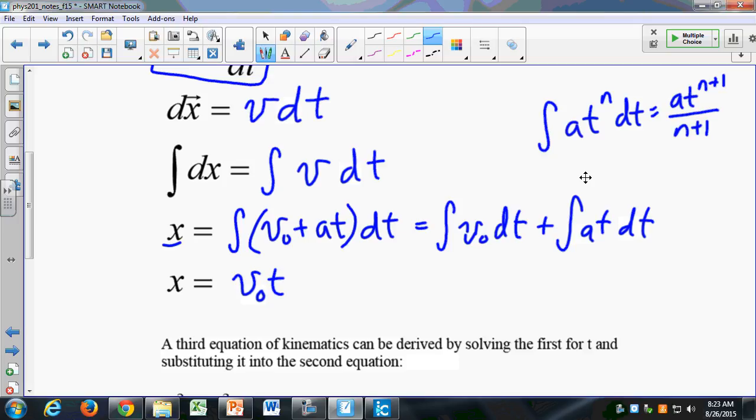So what's going to be the integral of this function? 1/2 at squared. Here, n is equal to 1, and a is also equal to 1, but it's going to be n plus 1. That'll be 1 plus 1 is 2, and then I'm going to have a 2 in the denominator as well. So it's going to be v naught t plus 1/2 at squared.